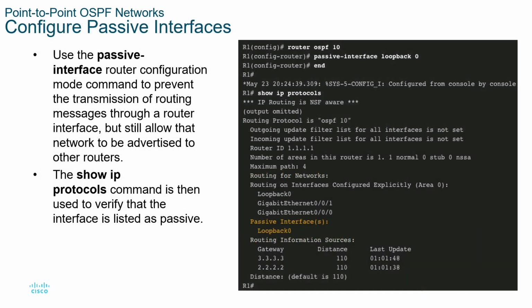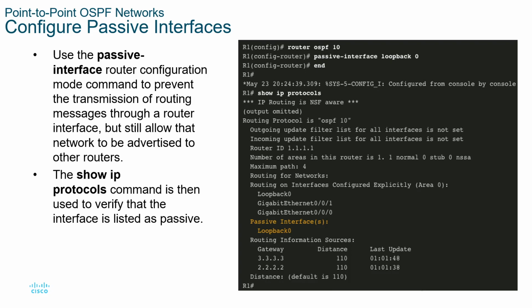Now, teacher, how can I verify that I configured OSPF in my router or layer 3 switch, if you wanted to do that? Show ip protocols will show you all the routing protocols that have been configured in the router. For example, the OSPF that you have just configured here, using process ID 10.